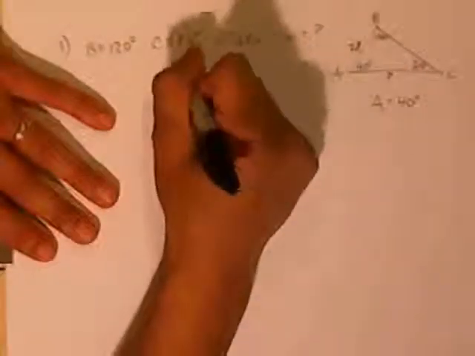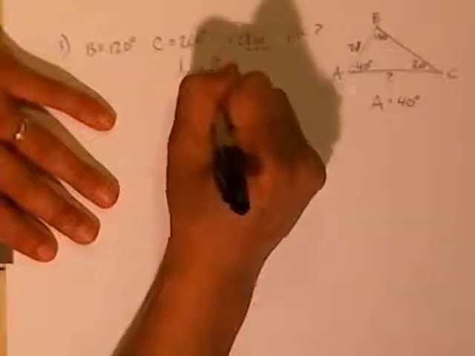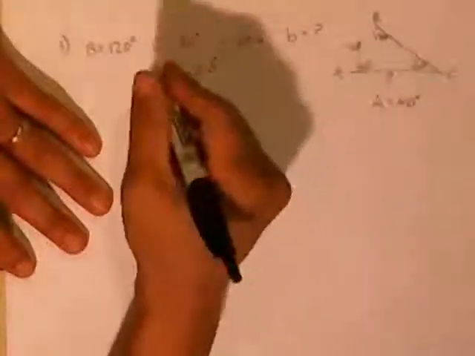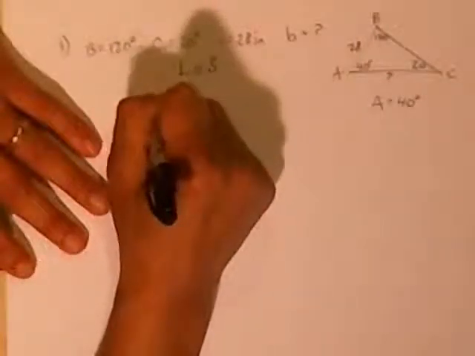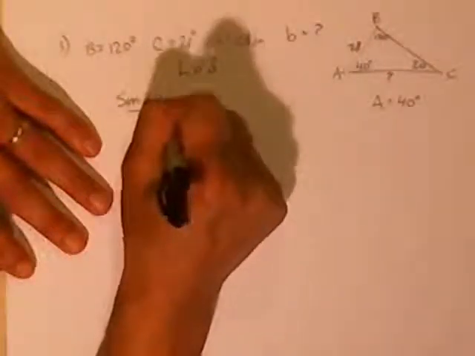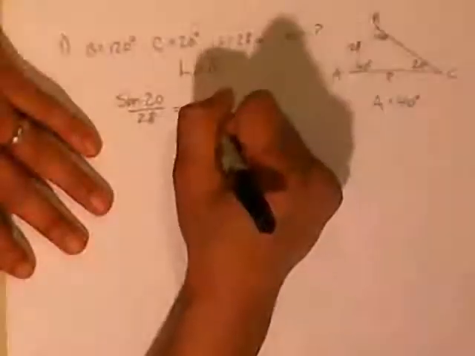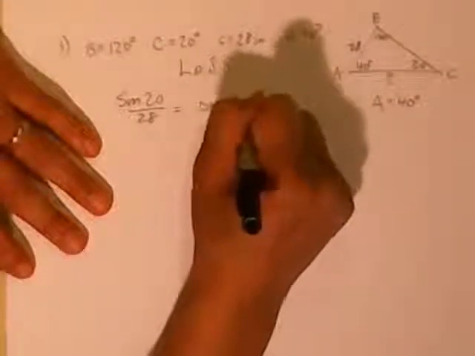We're going to use the law of sines, LOS for short. That's my 3-letter acronym. The ratio of the sine of 20 degrees over 28 is equal to the sine of big B over little b. Sine of 120 over question mark little b.